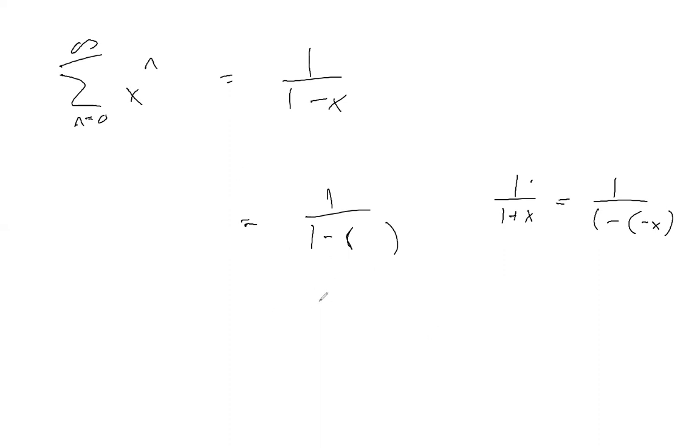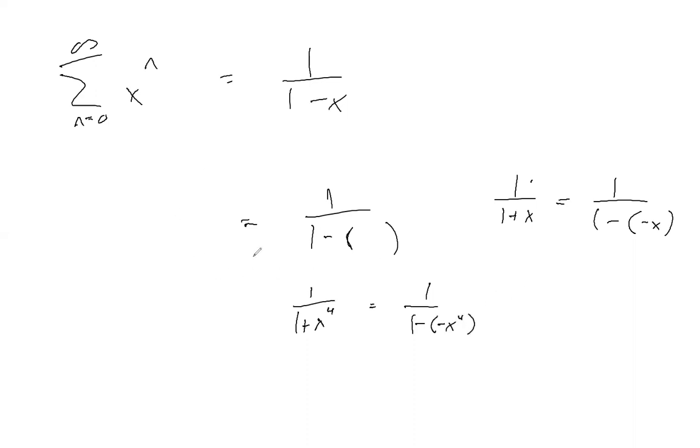Let's say I wanted to write a power series for 1 over 1 plus x to the 4th. How about that? Well, I'd try and get it into a similar format as this. So I do 1 over 1 minus, and then what do I need inside the parentheses? I would need negative x to the 4th, right?